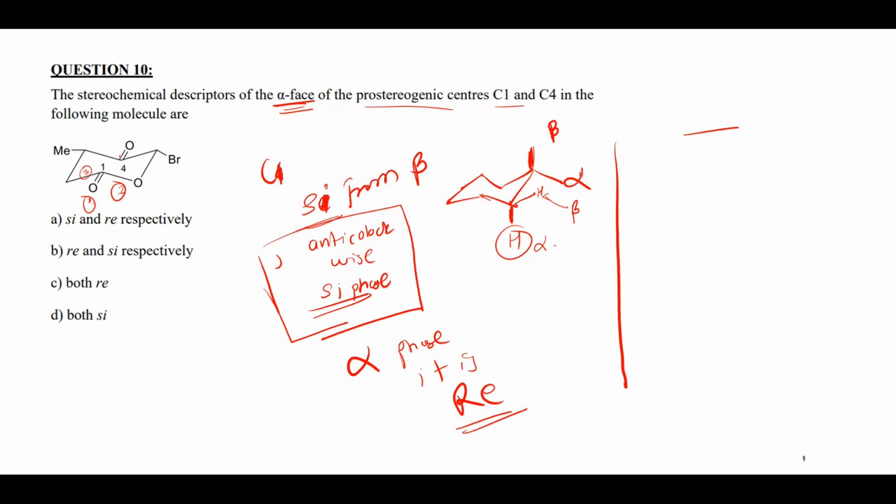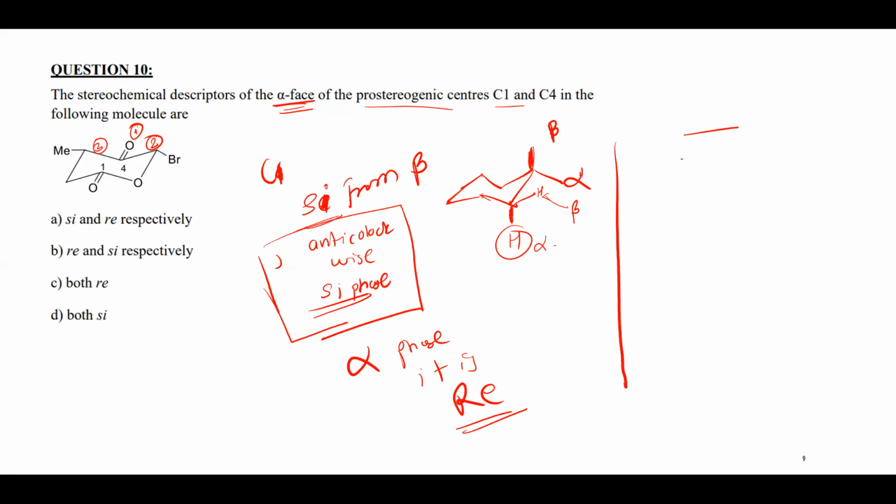Similarly for the second, this is for C4, C1. Similarly for C4, I'll just rub this for understanding. If you give the numbering for the backside face, so C4, this is the 1, this one is the 2, and this one is the 3. So 1, 2, 3, right?